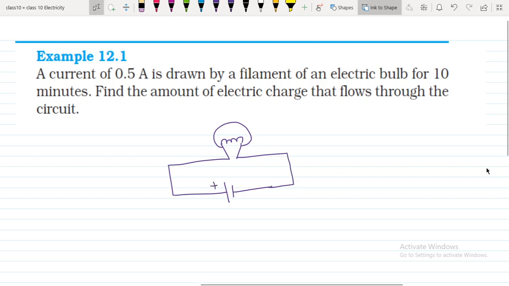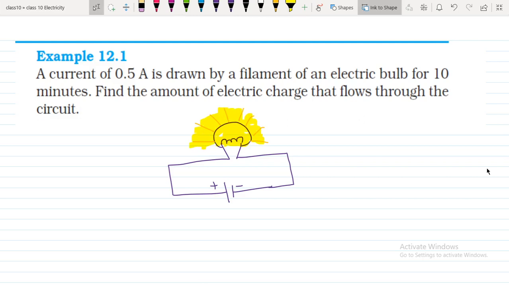Yeah, this is positive and this is negative. Now, when current is flowing, the cell is utilized by the bulb and it starts to glow.